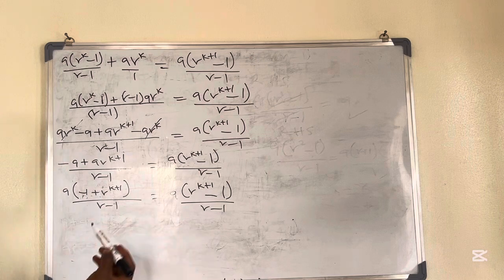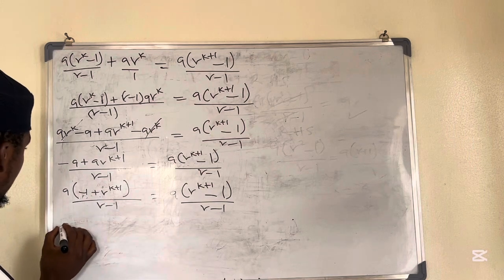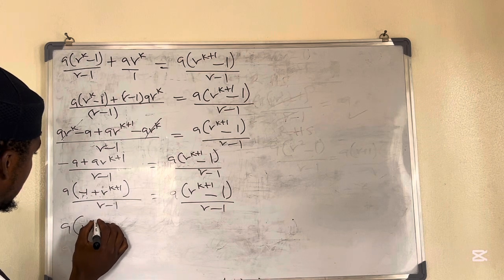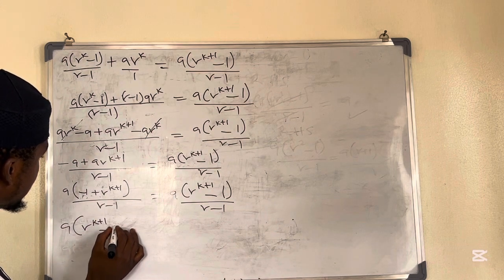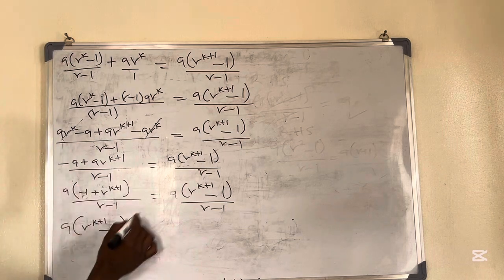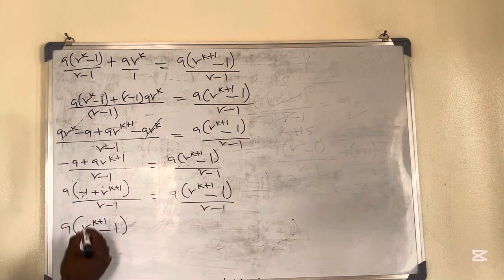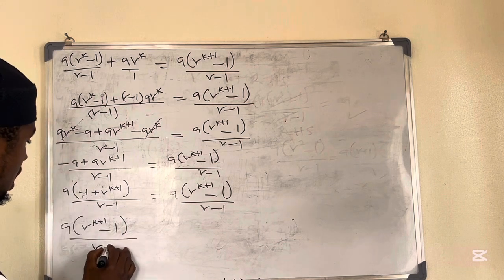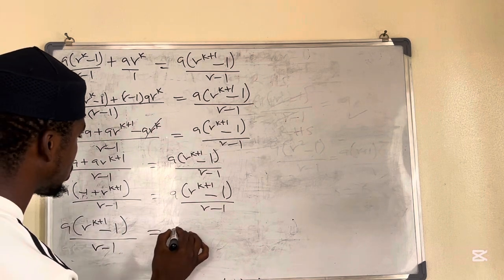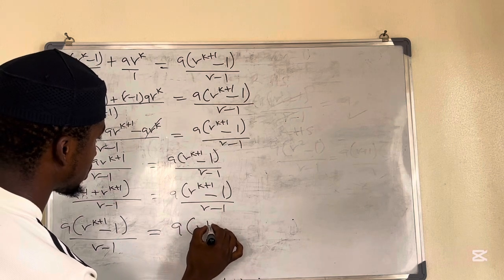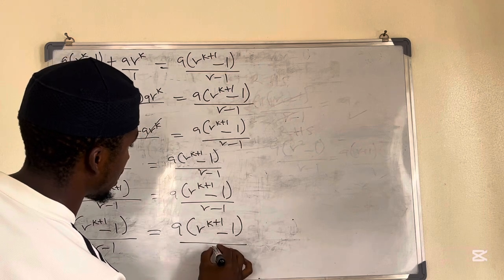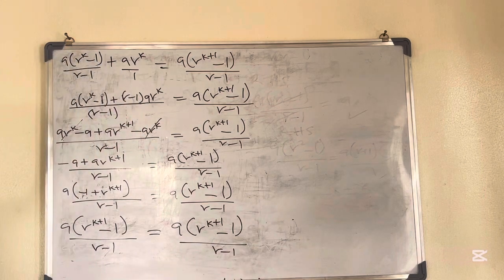We've gotten our answer, but let's interchange it and write r^(k+1) minus 1 first. It's still the same thing; the minus is attached to the one, so we move it to the other side. This one is positive, we put it in front, all over r minus 1, is equal to a into r raised to the power of k plus 1 minus 1, all over r minus 1. You can see that our left hand side is equal to our right hand side.